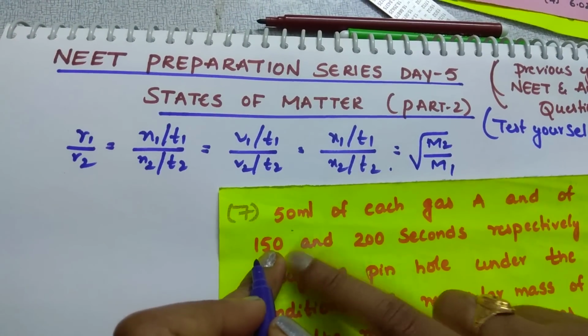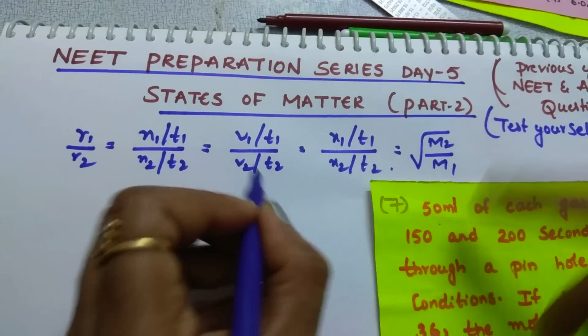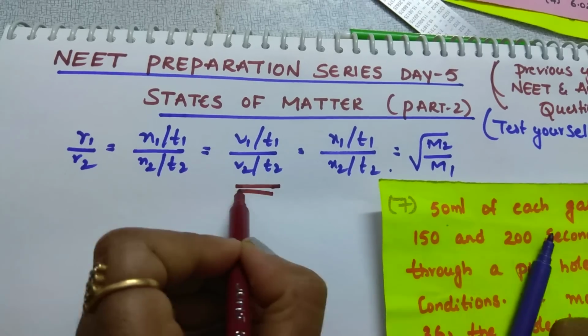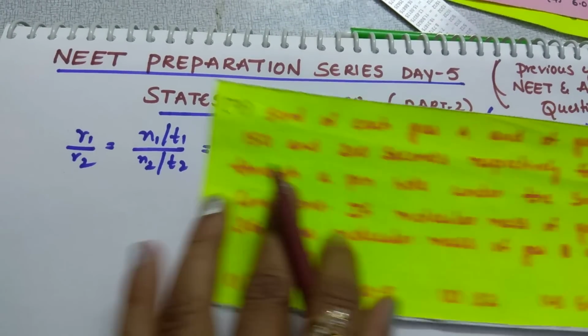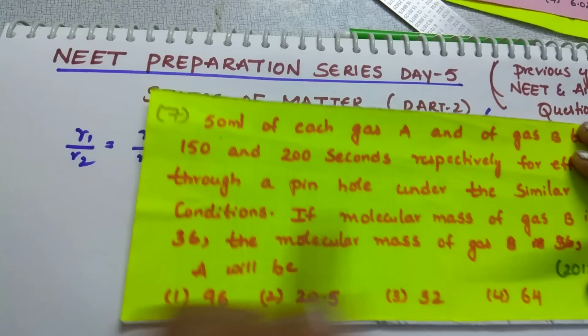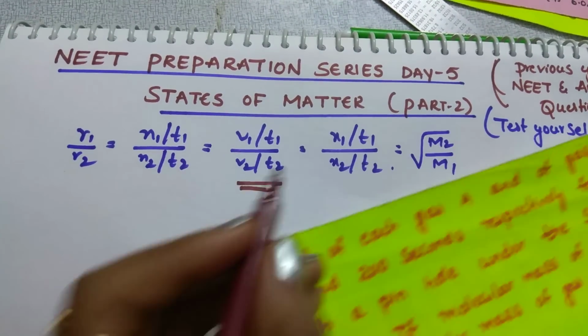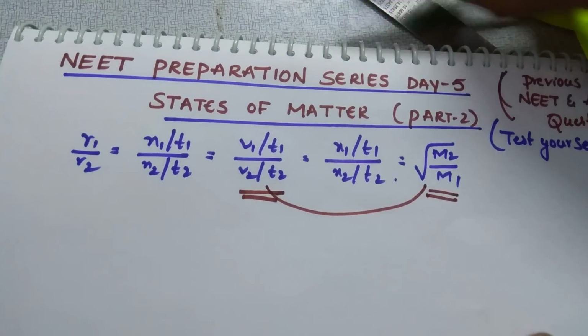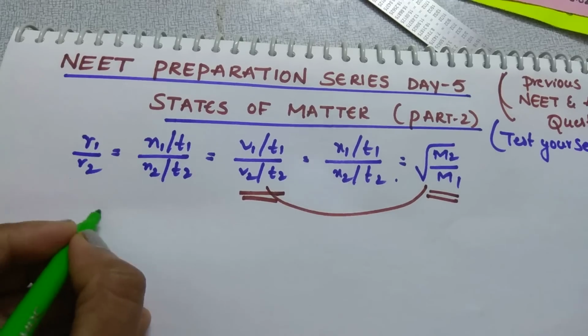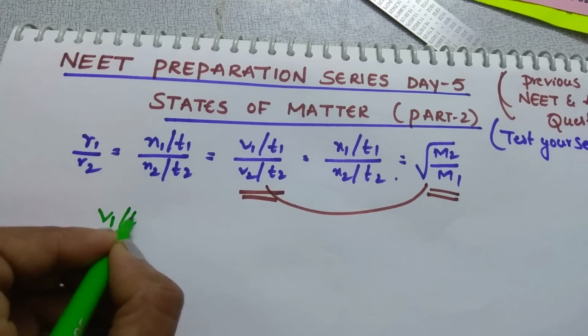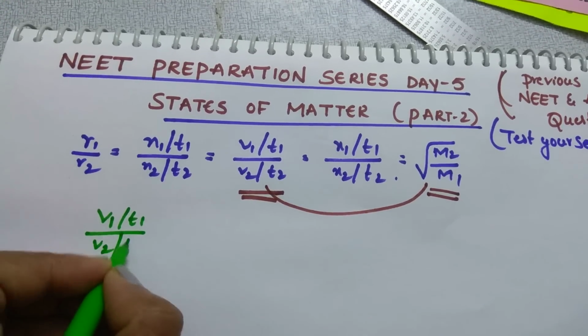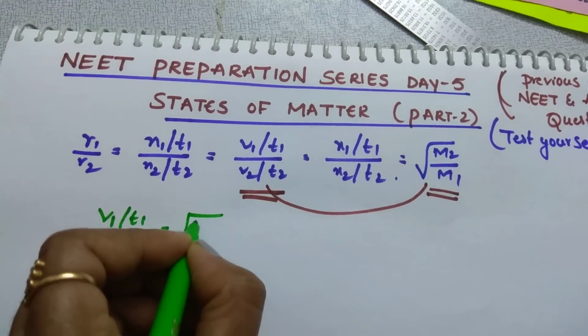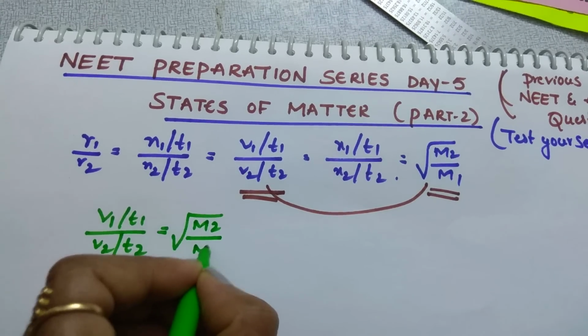We have the time and we have the volume, so this will be useful. And we have the molecular mass of gas B, so this formula is useful. Relate this: V1 by t1 by V2 by t2, which is equal to square root of M2 by M1.